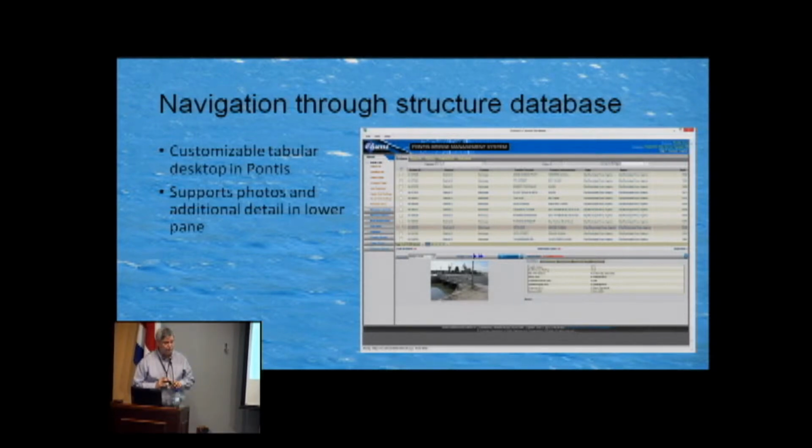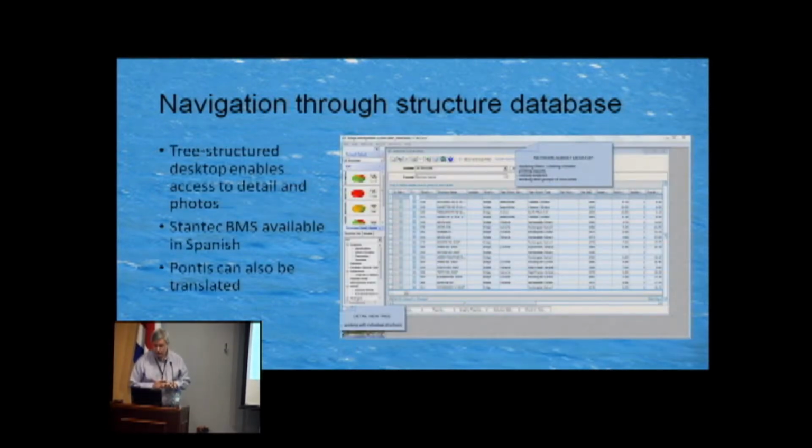You can use this screen also just to get access to all of your documentation about your bridges. The Stantec BMS has a tree structure desktop, so the data is organized into trees, so you can expand a district to see the bridges in a district, for example. And using that mechanism, you can easily drill down to find a set of bridges that you might be interested in looking at.